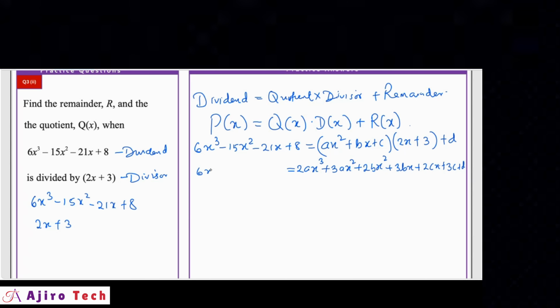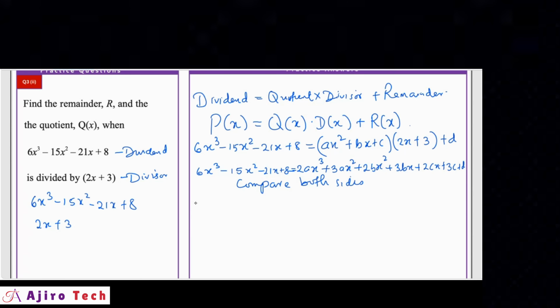So we're comparing the left-hand side and the right-hand side. Okay, so that's plus 8. Let me write it very properly. Okay, good. So if we compare both sides, compare and equate them.